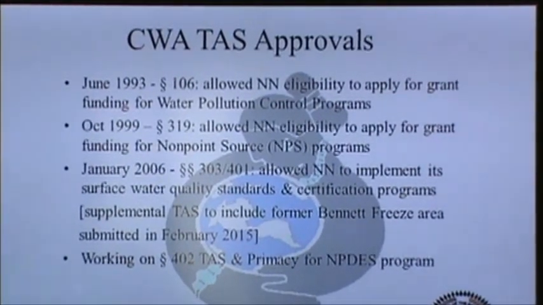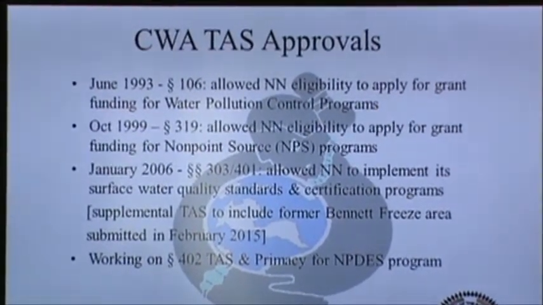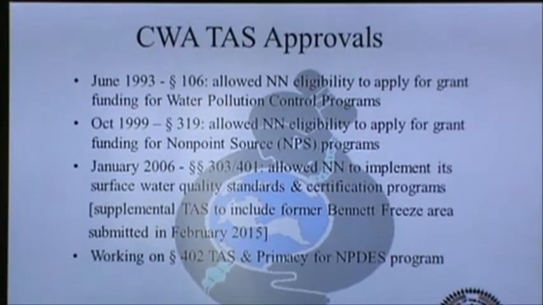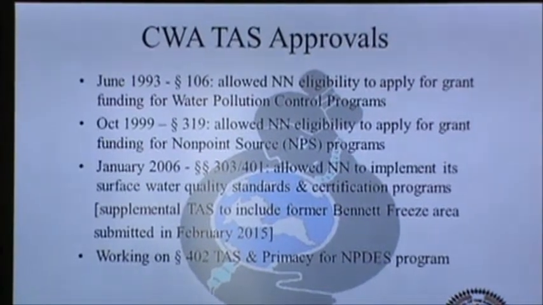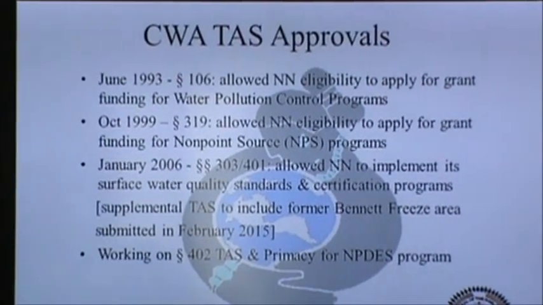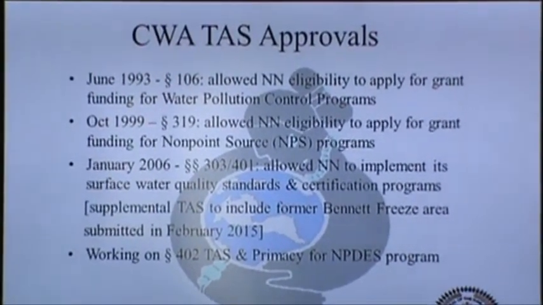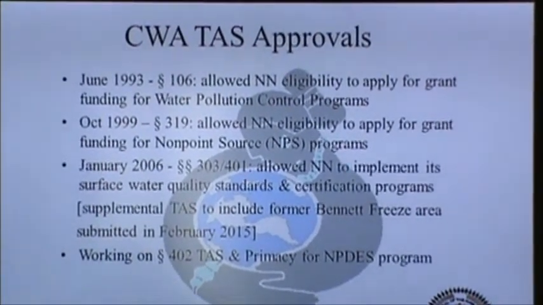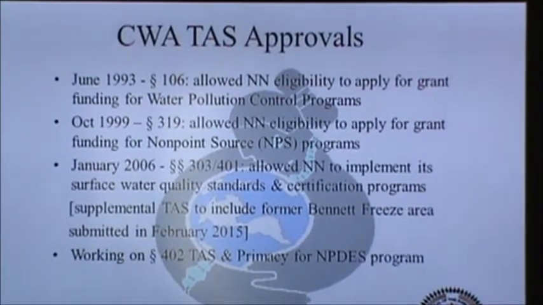And then in January 2006, we got approval under 303 and 401, which is again the water quality standards and the certification. And we're currently in the process of working on our treatment as a state and primacy for the NPDES program, Section 402.